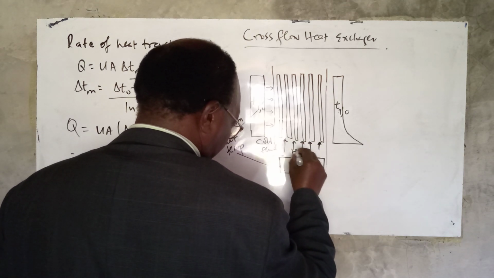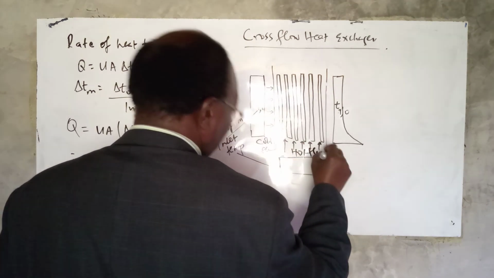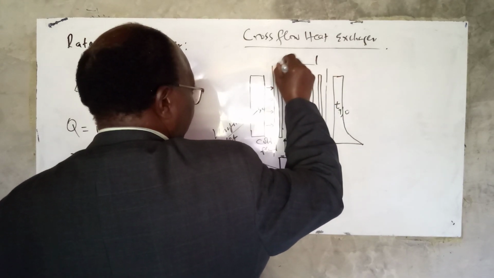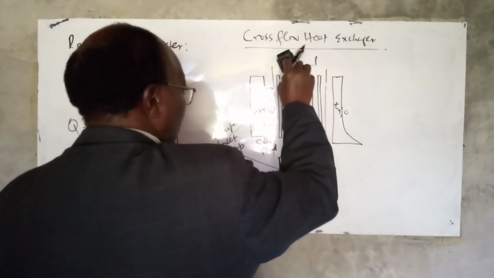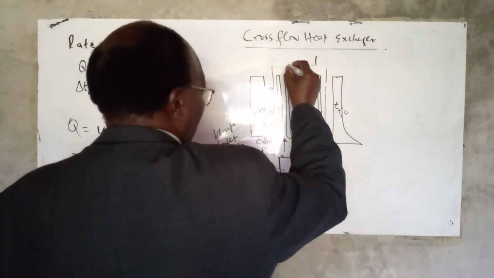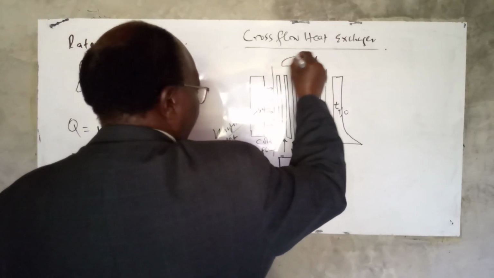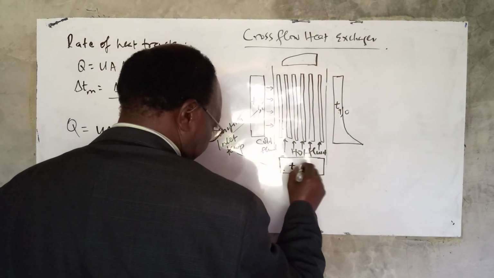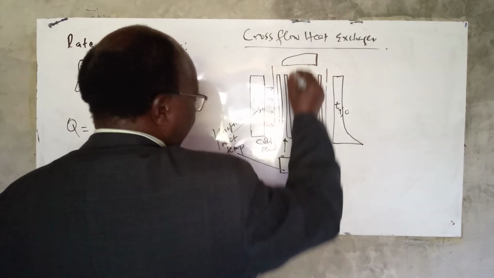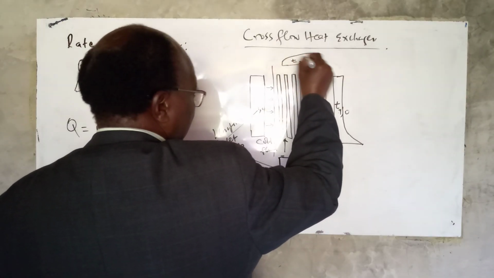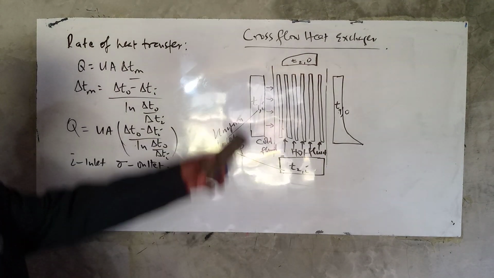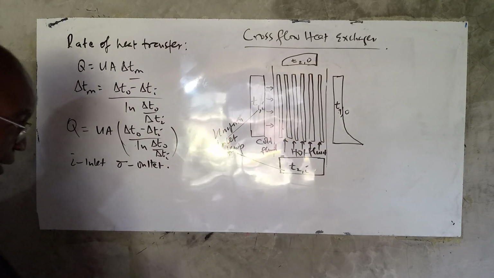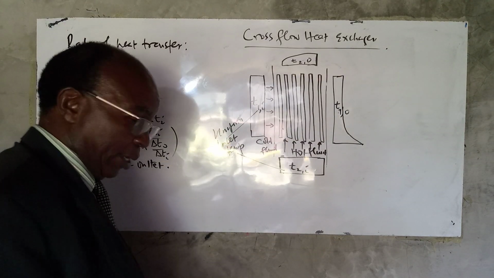Now we have the hot fluid, and of course the temperature profile at the outlet. So we have temperature inlet and outlet. Remember the I is for inlet and the O is for the outlet.